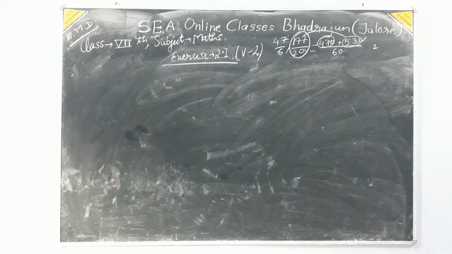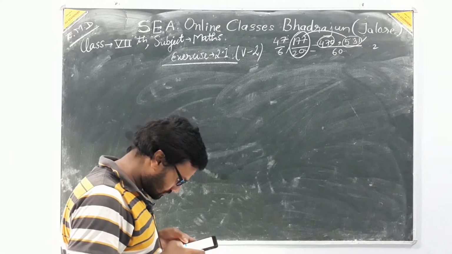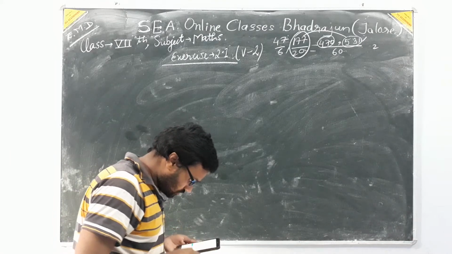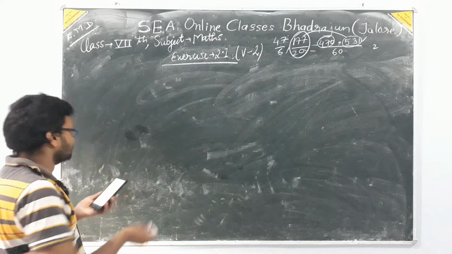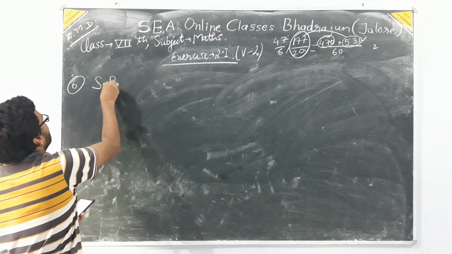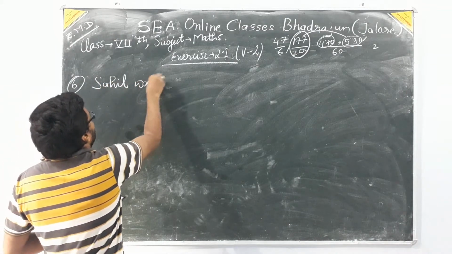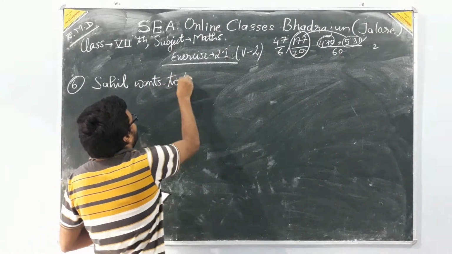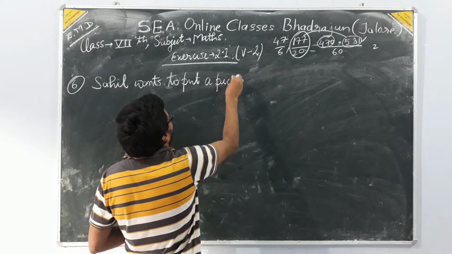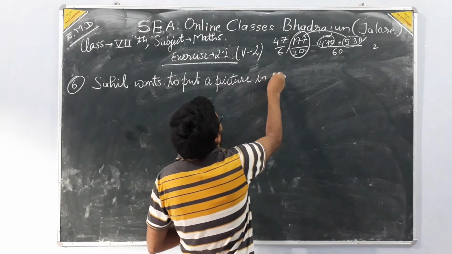Okay, so our question number 6 is what? Question number 6 is Sahil wants to put a picture in a frame.